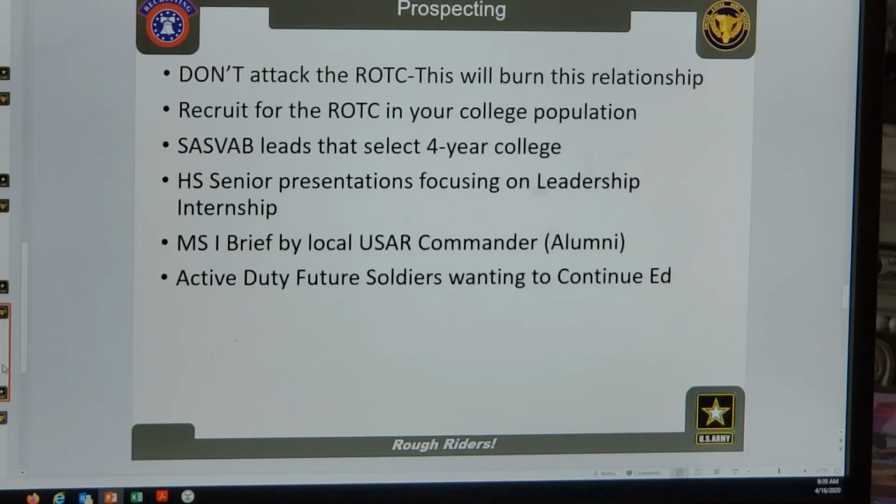The last station that I ran, I went in, created a great relationship, not with the ROTC cadre, but with the students. And I wrote half of the freshman class. We put them all in reserve, and we didn't do it the right way. We didn't put them in as 09 Romeos.